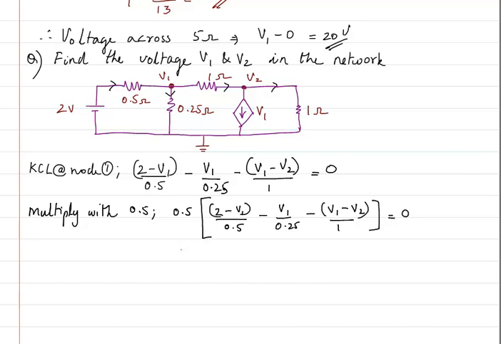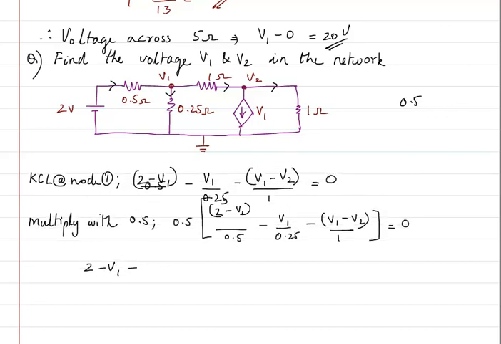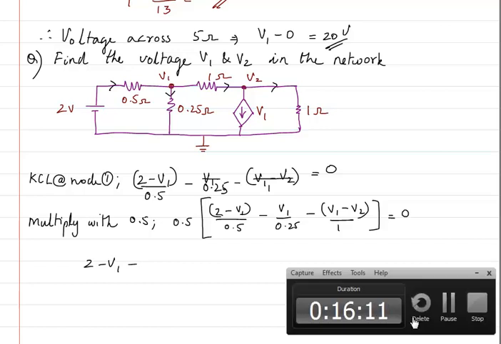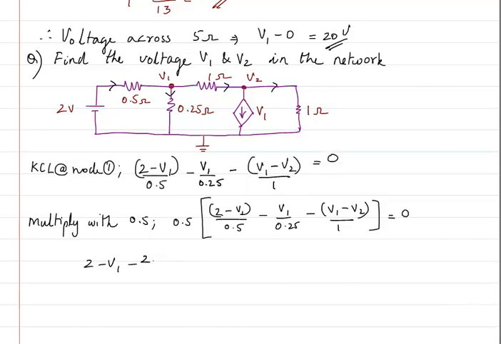Now 0.5 and 0.5 get cancelled, so the equation becomes 2 minus V1 minus of 0.5 divided by 0.25, which you can find using the calculator, and it will come out to be 2. So it will give 2 minus 2 V1 minus 0.5 V1 plus 0.5 V2, that is going to be equal to 0.